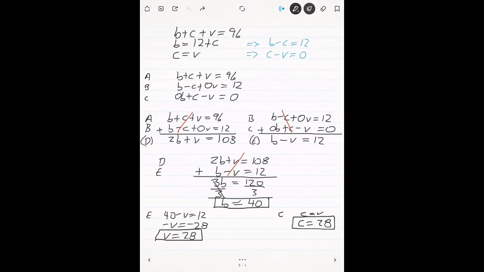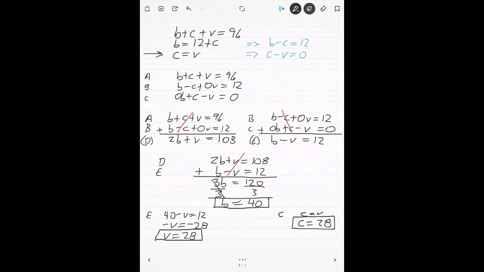Now, knowing that, I plugged it into E, but I could have also plugged it into D. But in this case, I plugged it into E to get 40 minus V equals 12. And then when I solved for V, I ended up with 28. I then plugged both of these solutions into one of the original ones. Well, I said, well, let's take a look at equation E right here, which actually comes from this equation.